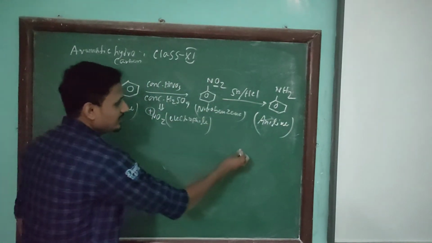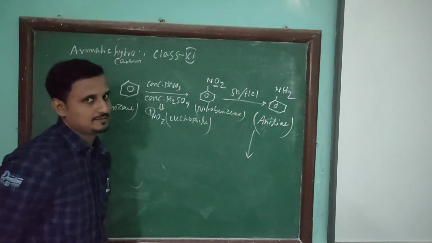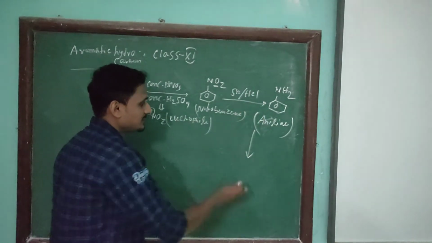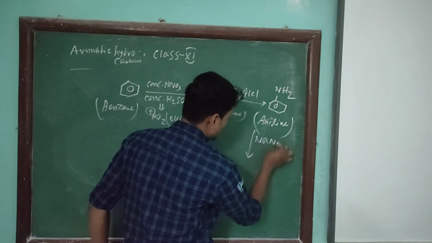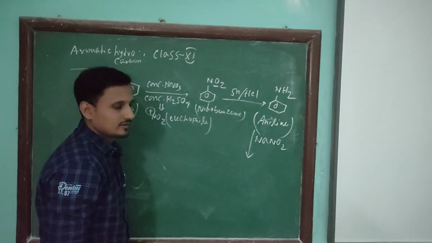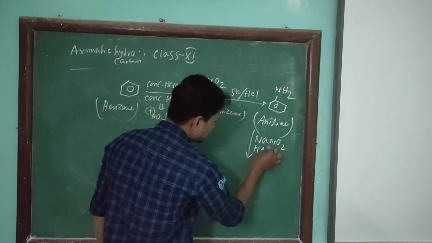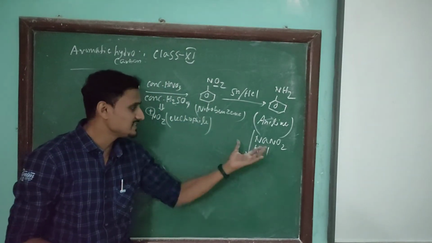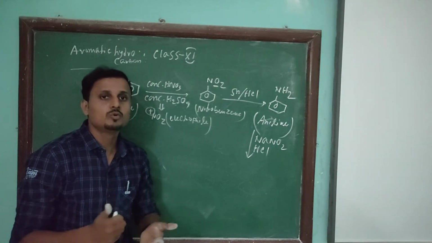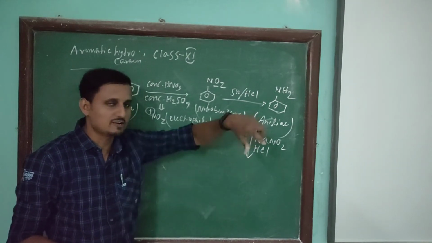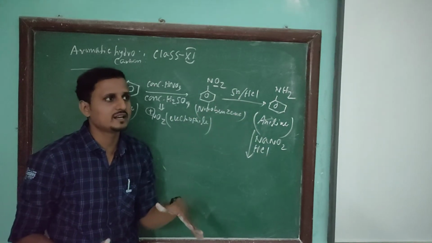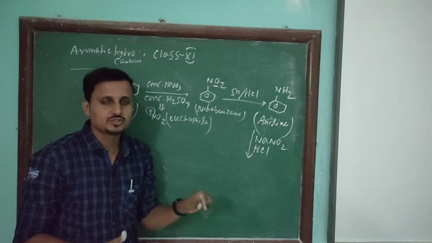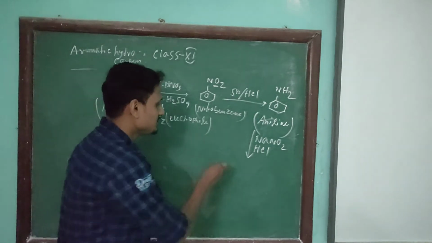Now, in the solution of aniline, if you add sodium nitrite, NaNO2, with HCl, the reaction mixture will heat up, so you have to cool down the reaction mixture. You have to open the tap water and cool it down, or you can take a bath of ice and put the test tube there so that it will be cooled around 0 to 5 degrees centigrade.